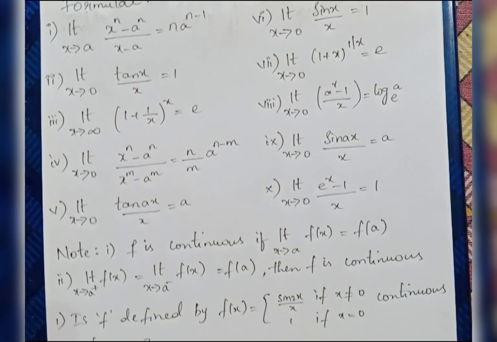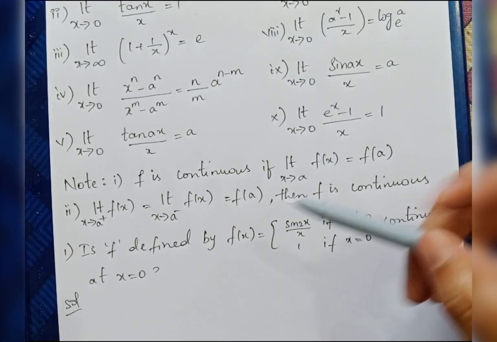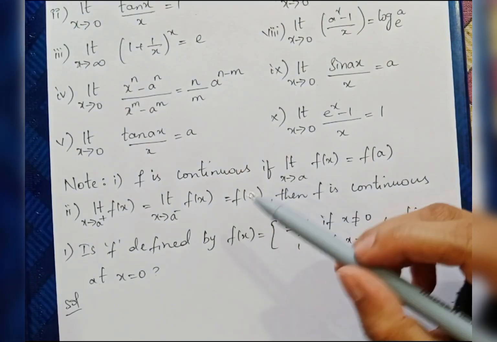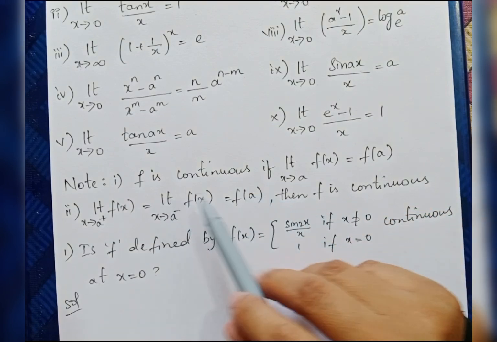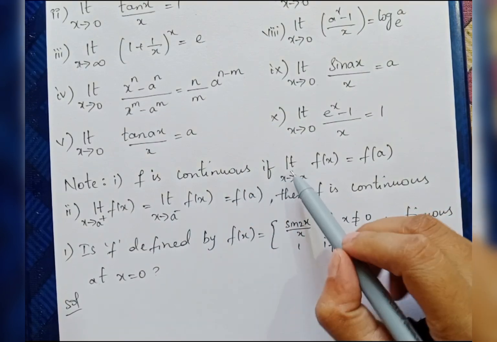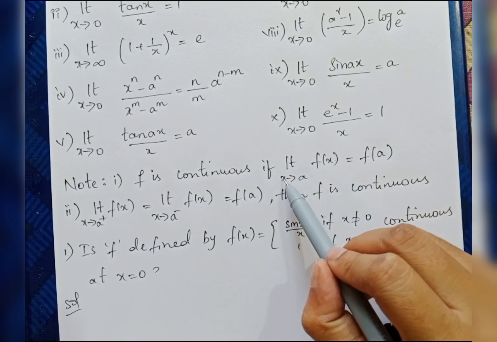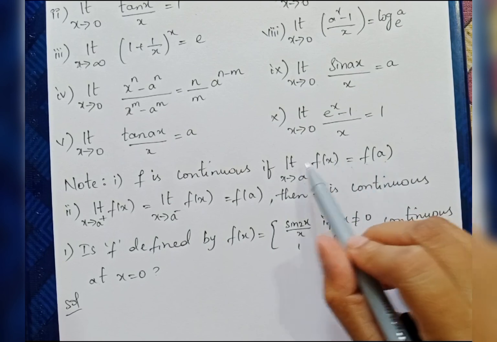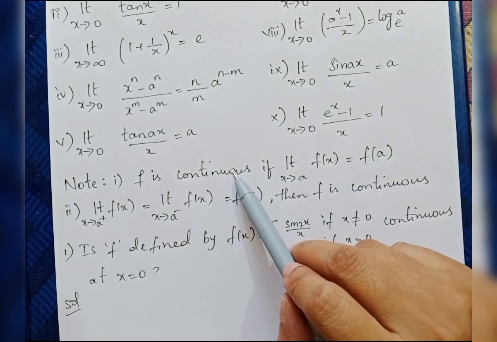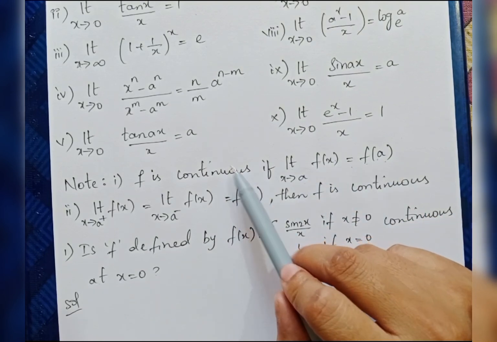And the thing is, we have to find whether the function is continuous or not. In order to find its continuity, we have to know one rule: if the limit of the function f of x as x tends to a is equal to f of a, then only the function will be continuous. In this case, it will be continuous.